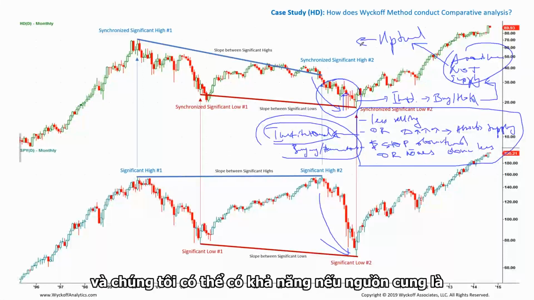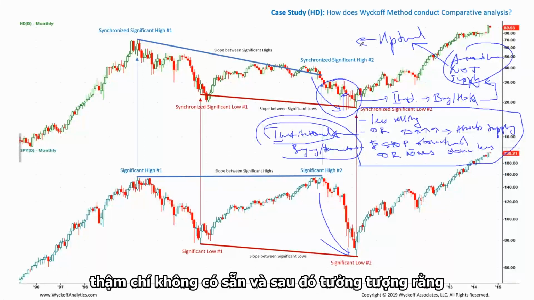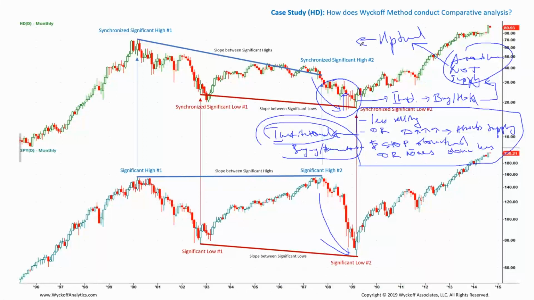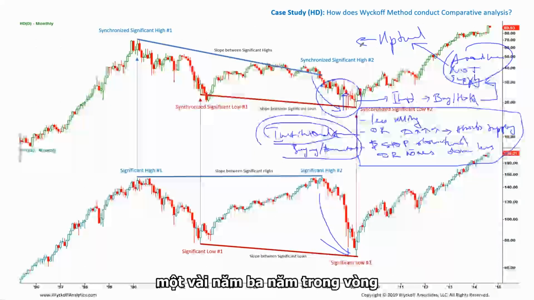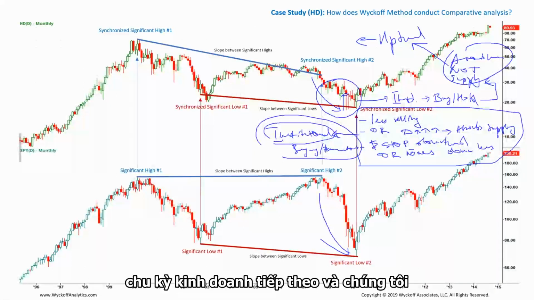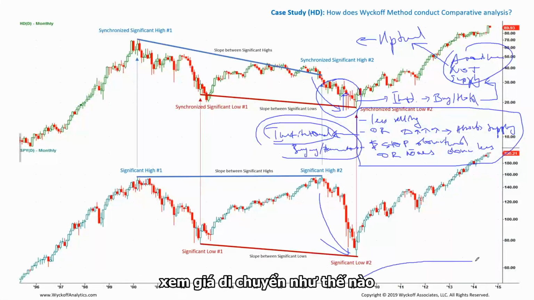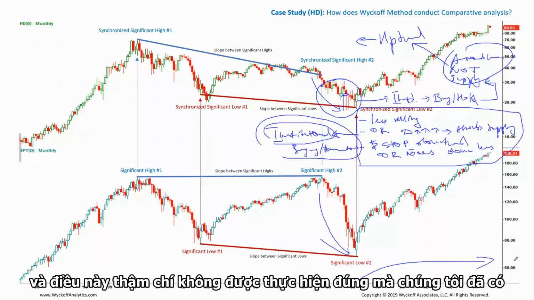And if supply is not available, then we are going to be in some kind of uptrend environment, and we could potentially, if supply is not available, and then imagine that the news from the company that is coming out within the next, let's say, couple of years, 3 years, within the next business cycle, and we look at how the price moves. And this is not even done, right?